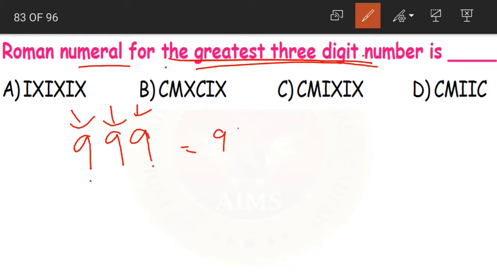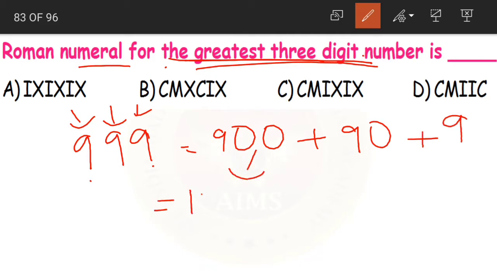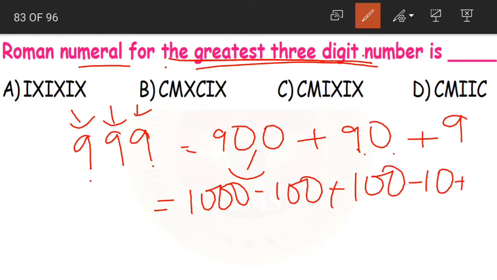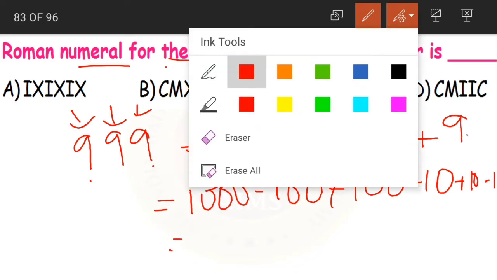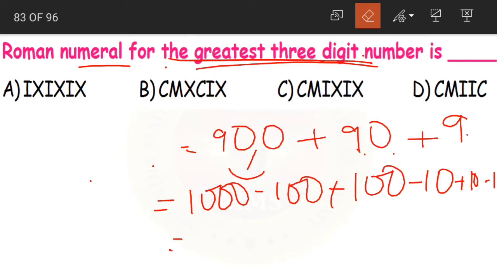First let us break it down. 900 plus 90 plus 9. Now how can 900 be written? 1000 minus 100, 90 can be written as 100 minus 10, and 9 can be written as 10 minus 1.